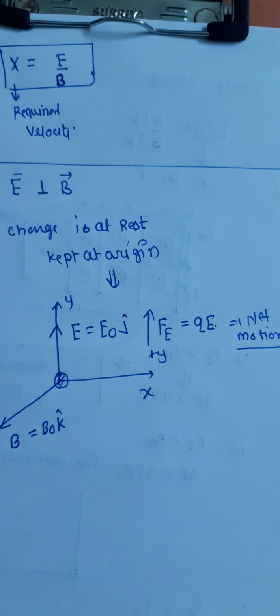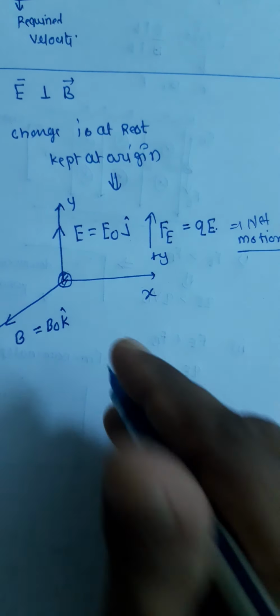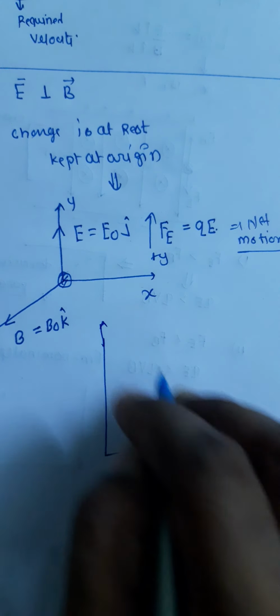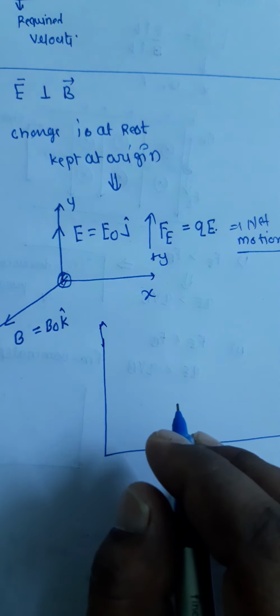Now we want to see what will be the path of this. This is a special case actually.